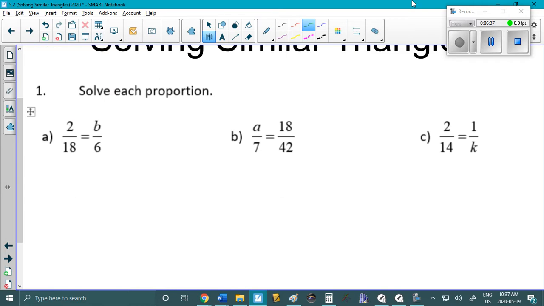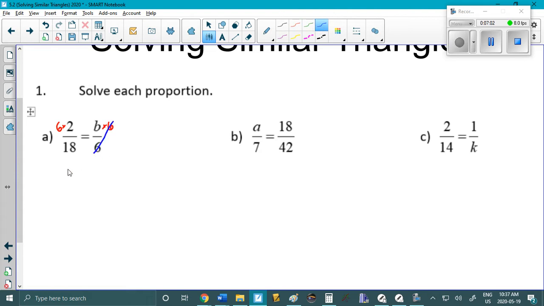Okay, so here we go. We're going to solve each proportion. All right, so we've got this here. 2 over 18 equals b over 6, and we want to solve for b. So the idea here always is to get b by itself. To get b by itself, it's being divided by 6, so we multiply by 6 up top. And then over here, we have to do the same thing, because we have to do the same thing on both sides of the equation.